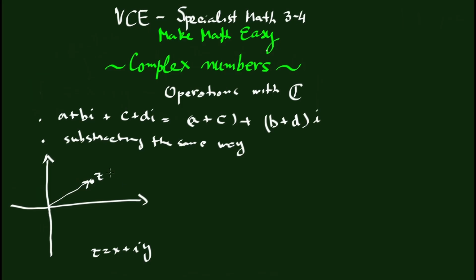Now say we have another complex number, called w. Then we can add them like we do vectors.